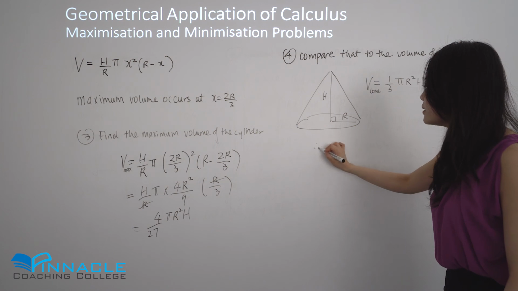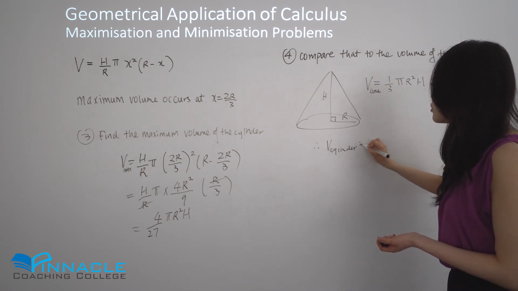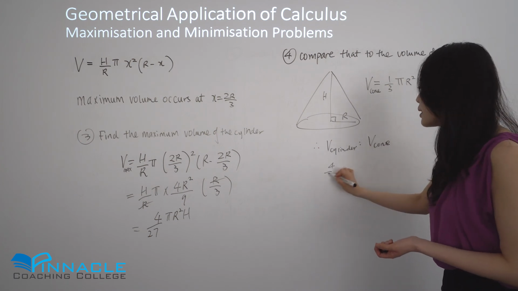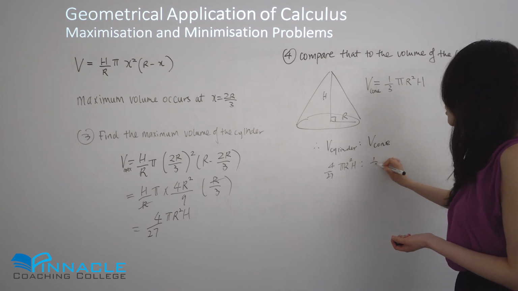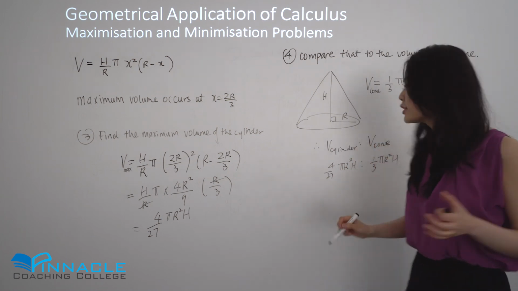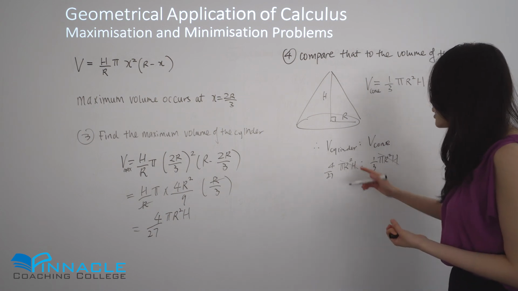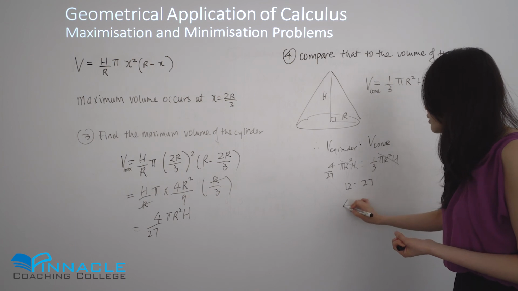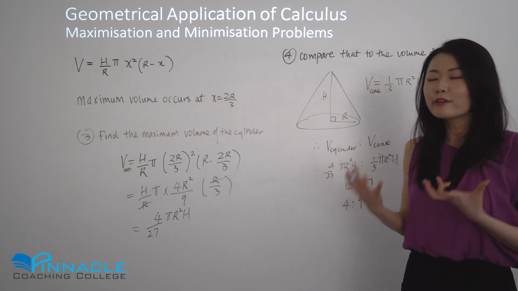In other words, the volume of the cylinder to the volume of the cone is 4 on 27 πr²h to 1 on 3 πr²h. So you can see πr²h is almost irrelevant here. They are just ratios of πr²h. And I'm just going to quickly fix up this ratio and divide everything by 3. So it's 4 to 9. Okay, which is exactly what we were looking for.